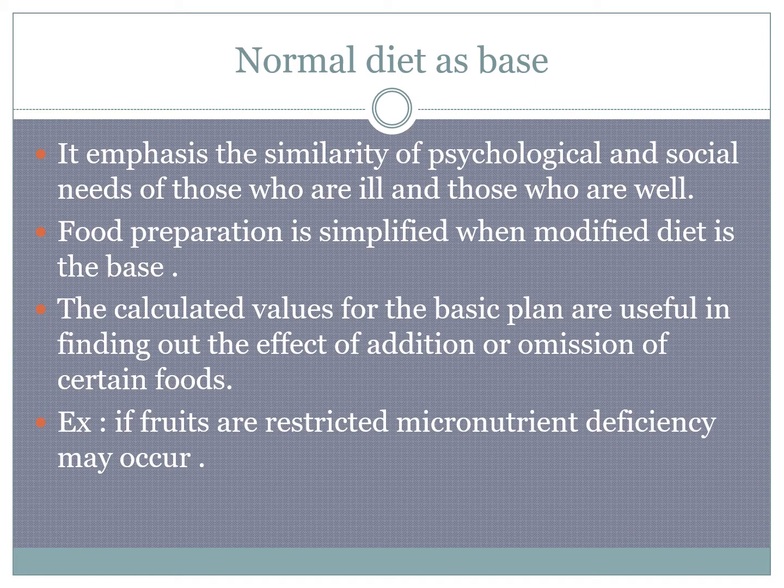This is very essential in order to plan the diet or modify the diets also. So why is it essential to consider these things? The normal diet should be a base for the modified diet.